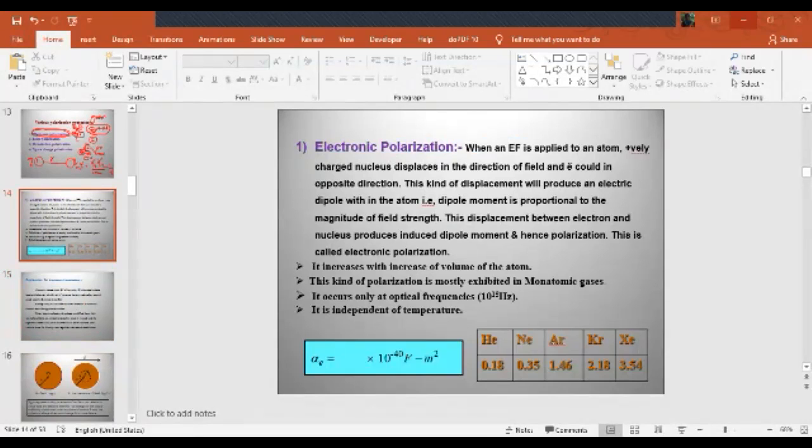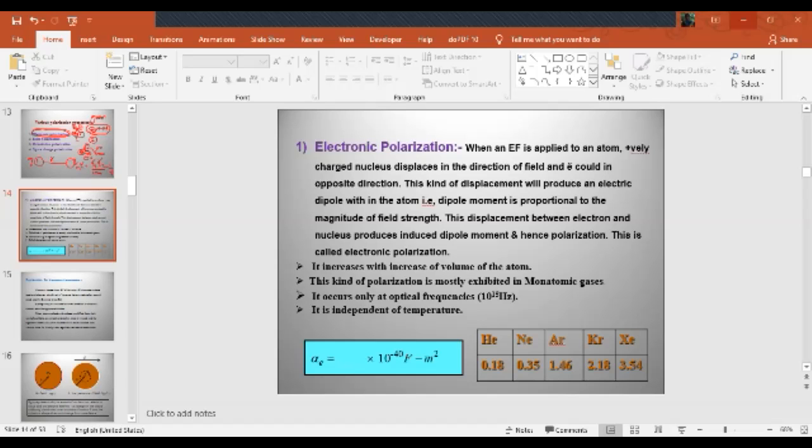Polarization. Electronic polarization. What is electronic polarization? A non-polar molecule is one in which the positive charge coincides with the negative charge. This is a non-polar atom.